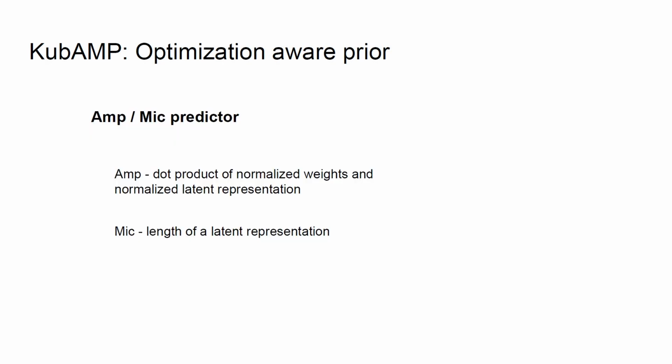Now we calculate AMP as the dot product of the normalized vector representation and normalized weights, and that's it. And the second one, MIC, is just the length of this vector which represents the peptide, which is very simple now, and we can easily calculate it and change it.